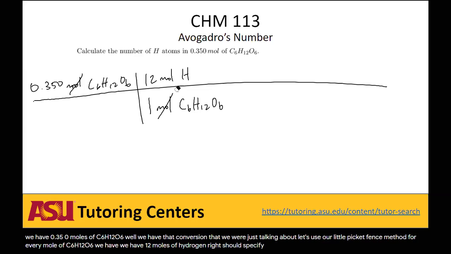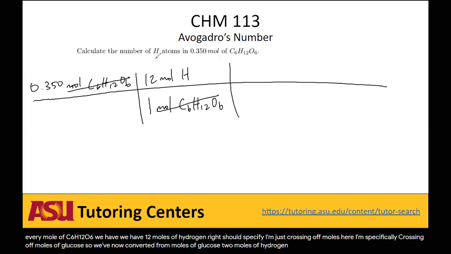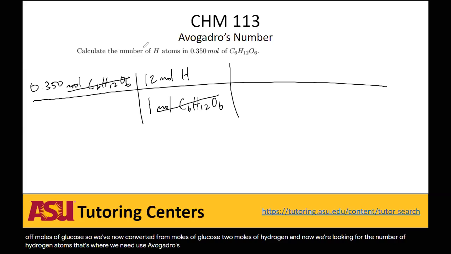I should specify. I'm not just crossing off moles here. I'm specifically crossing off moles of glucose. So we've now converted from moles of glucose to moles of hydrogen. And now we're looking for the number of hydrogen atoms. That's where we need to use Avogadro's number, right?